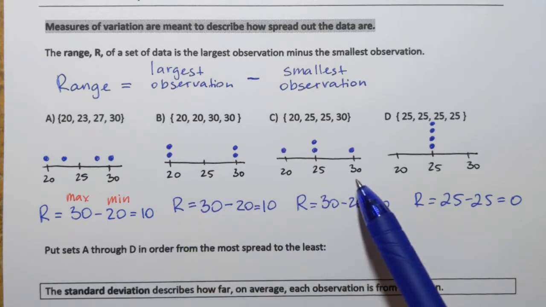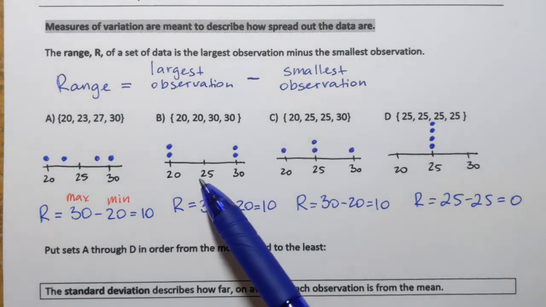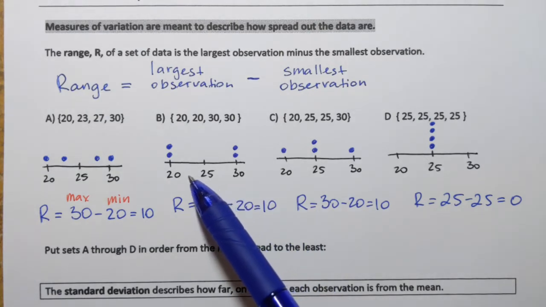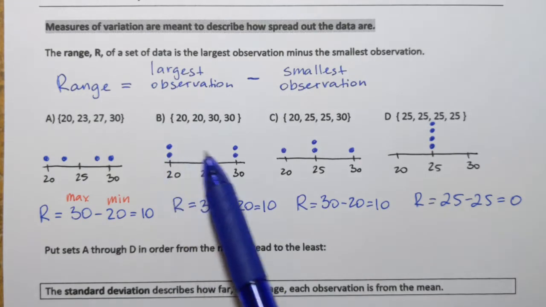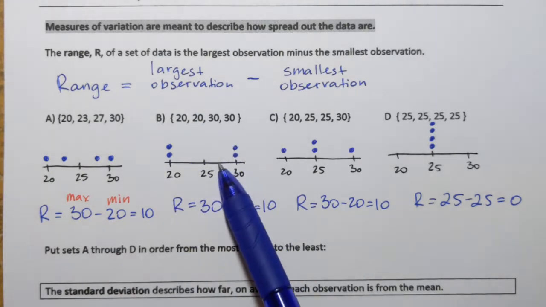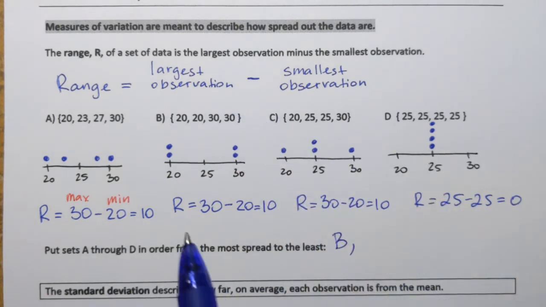Well, if I think in terms of dots or values being further away from the center, which of course I haven't measured, I'm just going to use my intuition, then I'd say set B has the most spread because all dots here are equally far from the center. So I'll say B has the most spread.